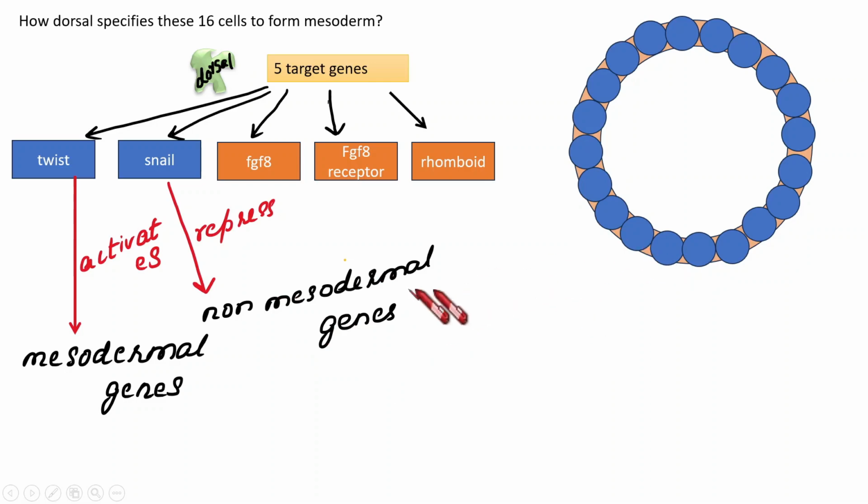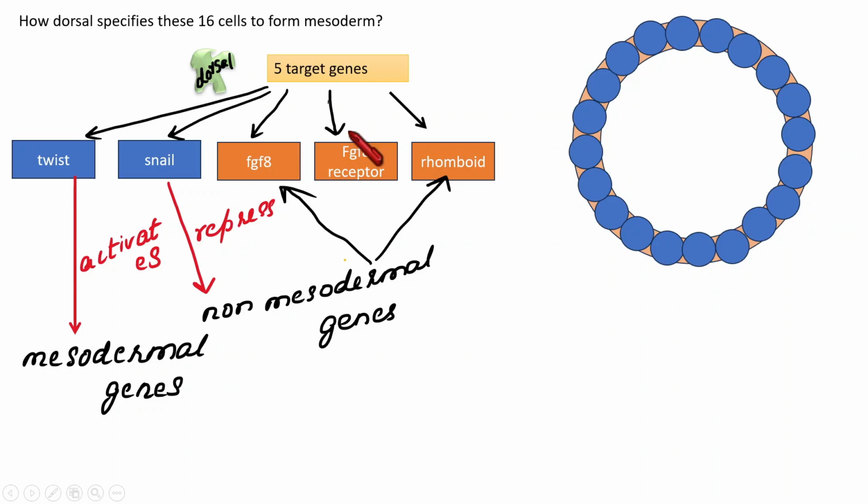By repressing the expression of non-mesodermal genes, indirectly it supports the development of mesoderm from the 16 ventralmost cells. Then which are those non-mesodermal genes? FGF8 and rhomboid are non-mesodermal genes. So these two genes are repressed in these 16 ventralmost cells.